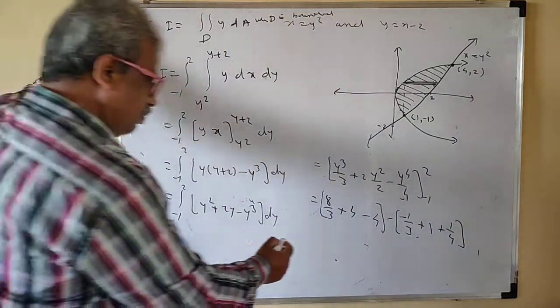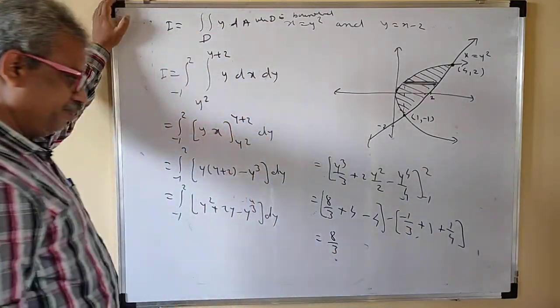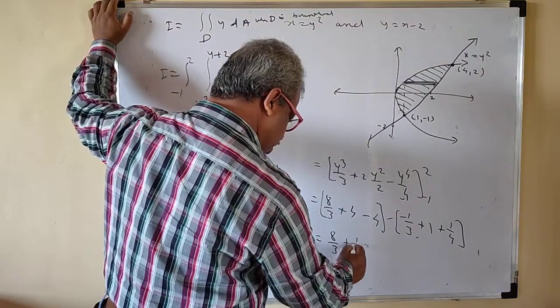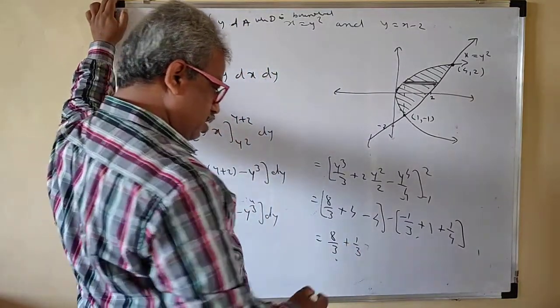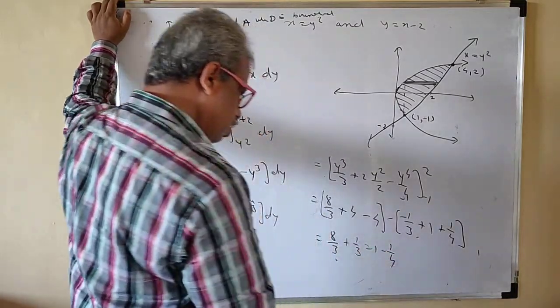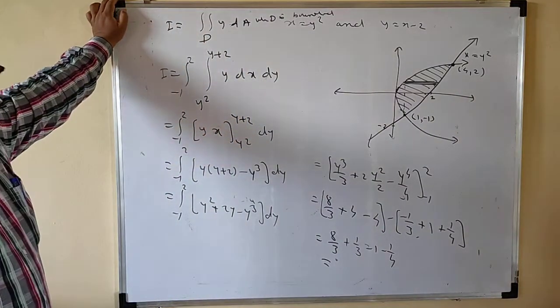Okay, so now we'll simplify this. The 4 gets cancelled, so this is 8 by 3, then the minus becomes plus 1 by 3, minus 1, minus 1 by 4. So 8 by 3 plus 1 by 3 is 9 by 3, which is 3.